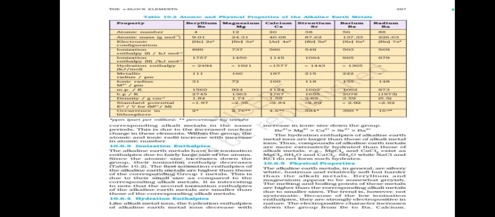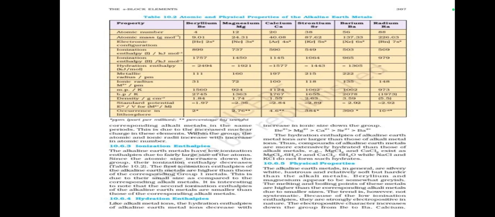Thus, compounds of alkaline earth metals are more extensively hydrated than those of the alkali metals. For example, MgCl2 and CaCl2 exist as MgCl2·6H2O and CaCl2·6H2O, while NaCl and KCl do not form such hydrates.